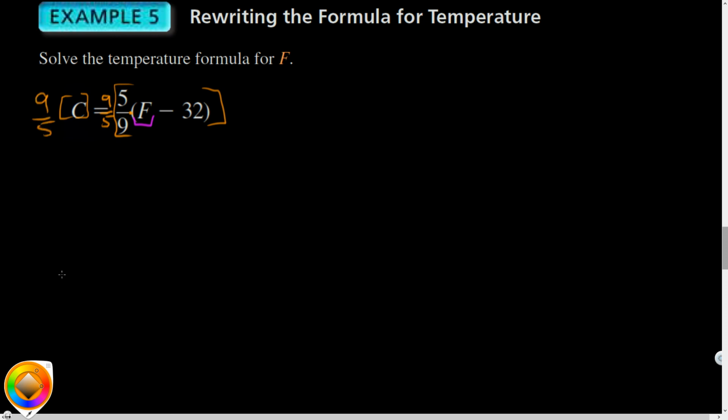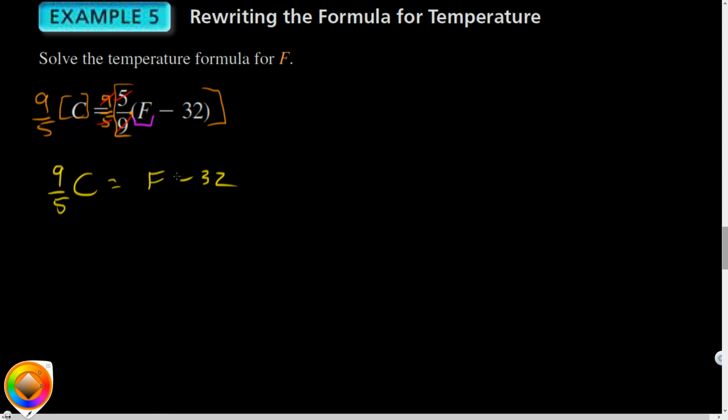9/5, yes. So notice how cool this is. The 9s will cancel, the 5ths will cancel. So 9/5 times Celsius is equal to, notice I've just got F minus 32 now. Now what do I do?